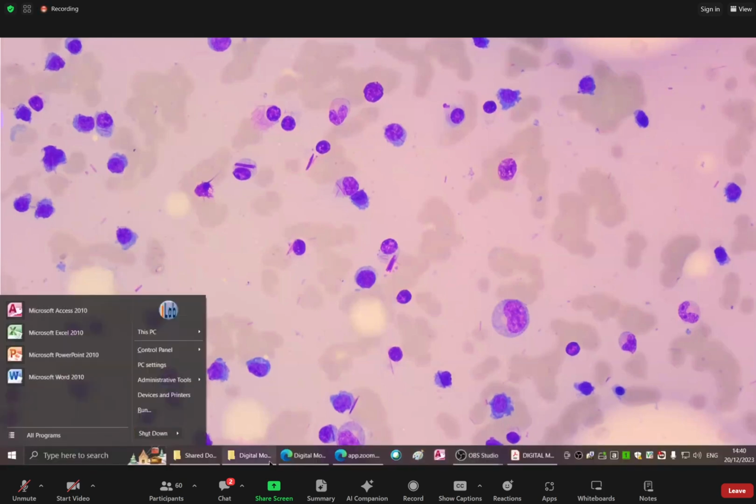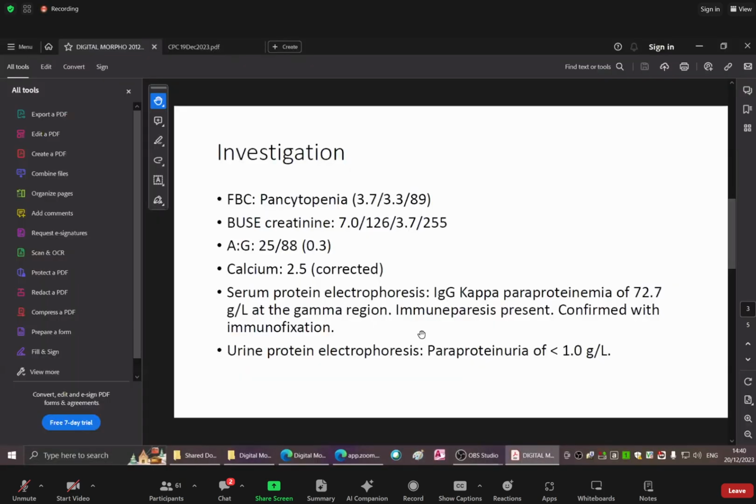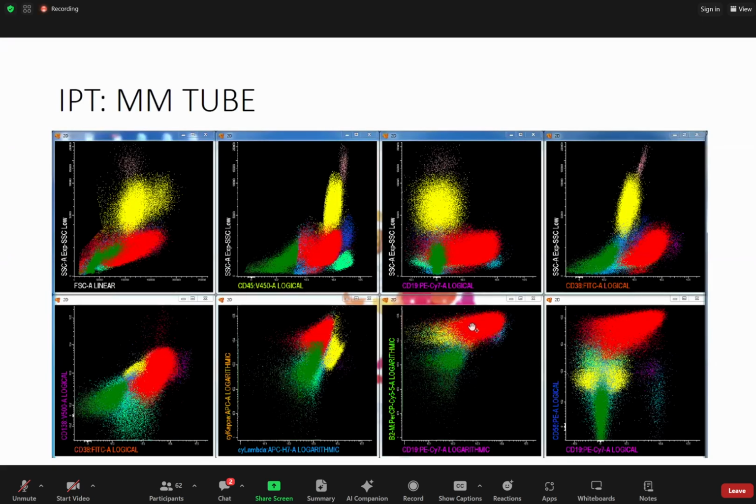So we proceed with the bone marrow IPT. Initially, I thought it was multiple myeloma, so I proceeded with the multiple myeloma tube. Here you can see in the CD45 versus side scatter, the population is CD45 intermediate with moderate side scatter at the blast window.